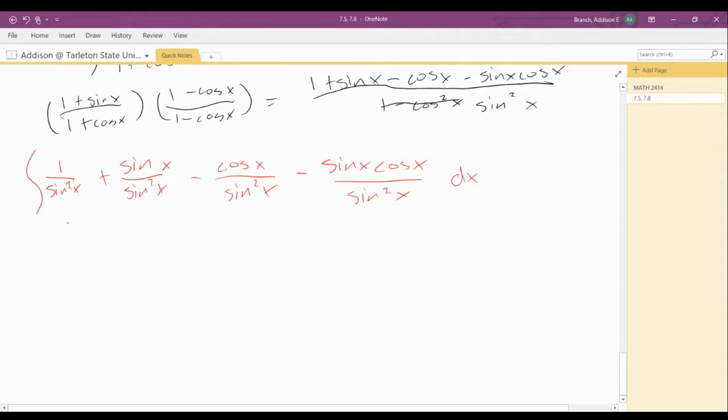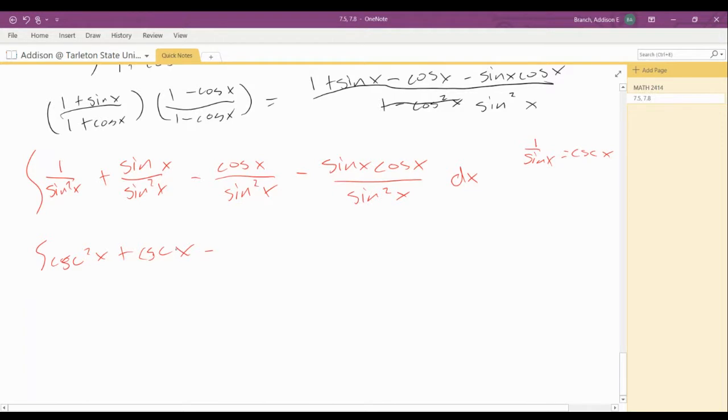So now we can once again continue to simplify this some more. We know that 1 over sine of x is equal to cosecant. So from here we get cosecant squared of x plus sine over sine squared, which is 1 over sine, so cosecant of x.